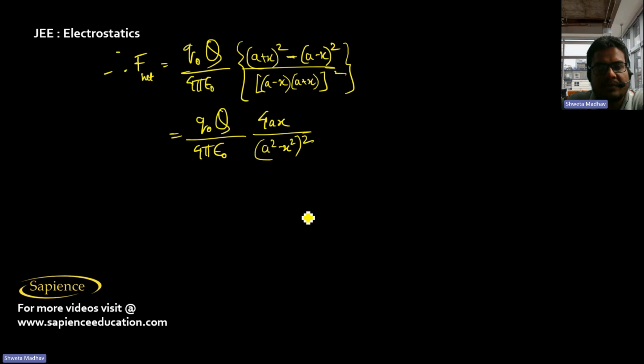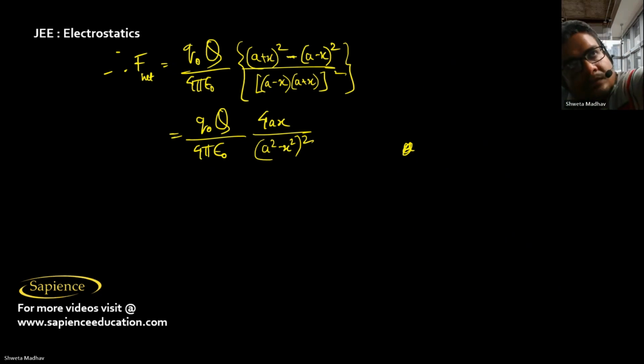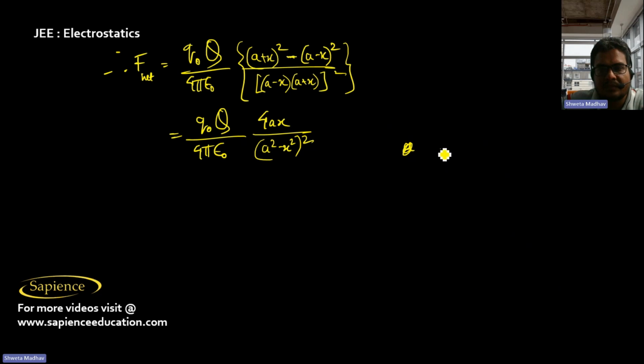Therefore the time period of oscillation is what we have to find out. Here a square minus x square is approximately equal to a square only, since x is much less than a.